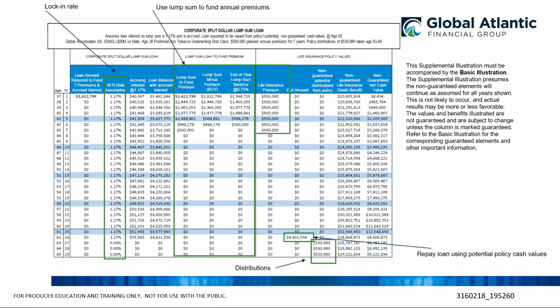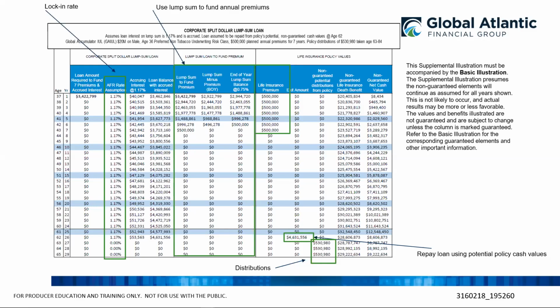Now, will the IRS find it? Am I just being overly cautious? Is that really what the law says? The answer is, I don't know. But I do know that the MEC laws are created in a way that loans on a MEC can cause taxation. And if you're going to do split dollar with a MEC, I greatly encourage you to talk to your tax advisor before you go down that road.